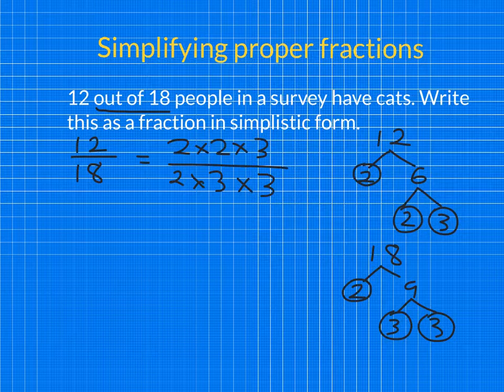Now, 2 times 2 times 3 can also be written as 2 times 3 times 2, because the order in which you multiply things together doesn't matter.